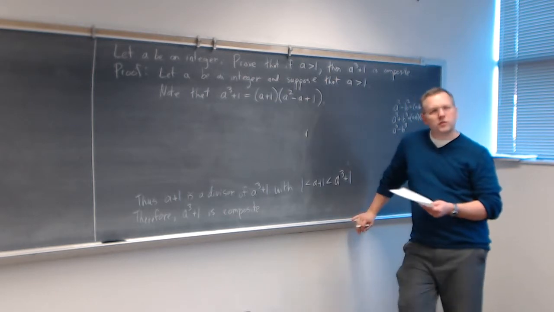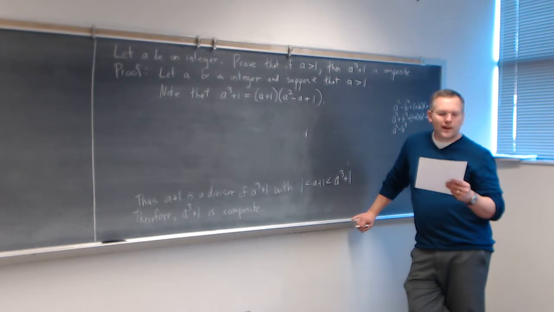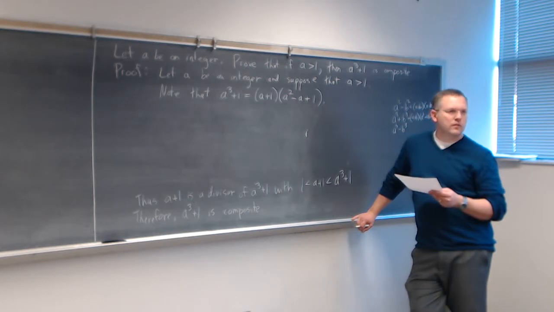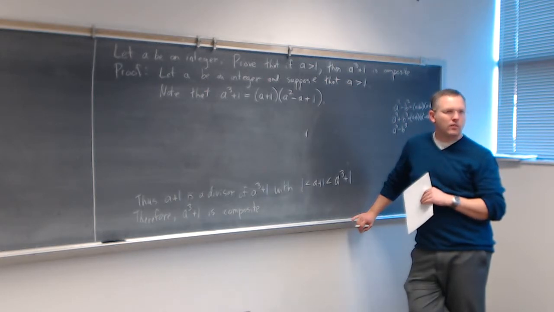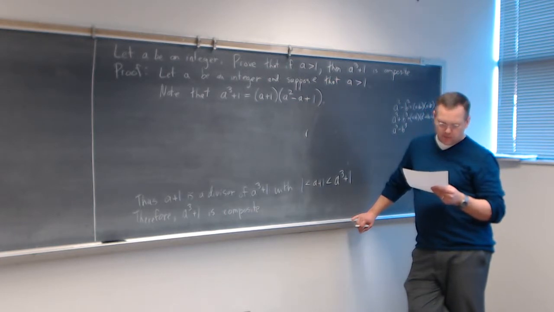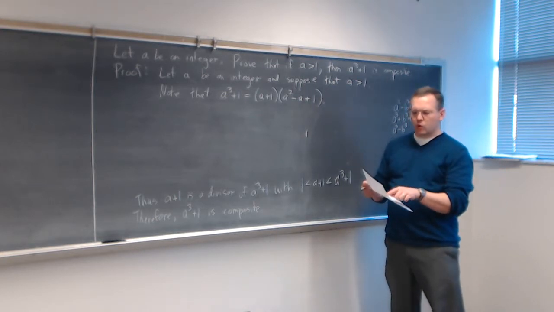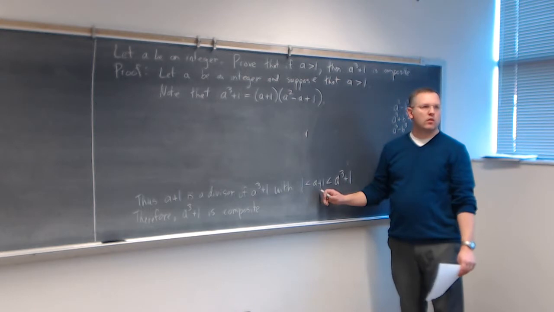If someone was reading your proof, would they say to themselves, why on earth are they putting this inequality in this paragraph? Does it make sense that a plus 1 is greater than 1 plus 1, which equals 2, which is greater than 1? So why do we need to know that a plus 1 is greater than 1?